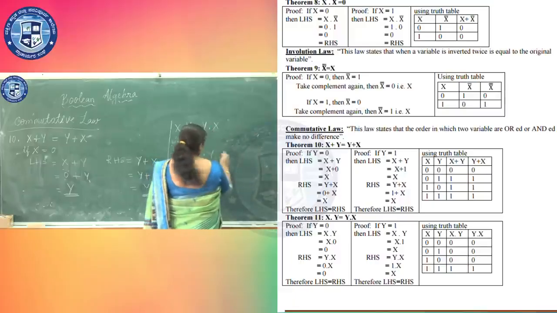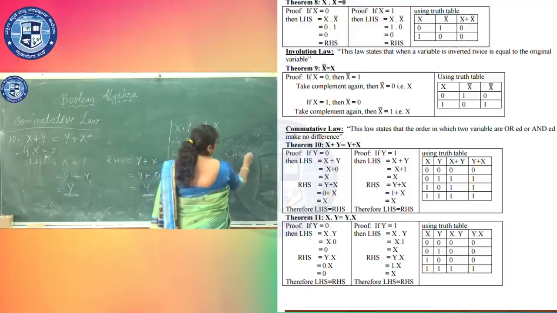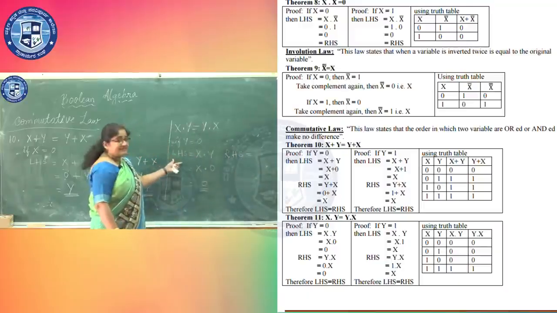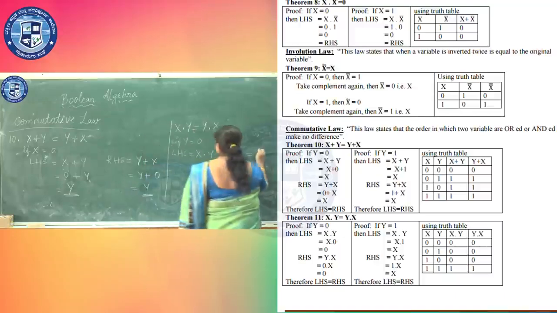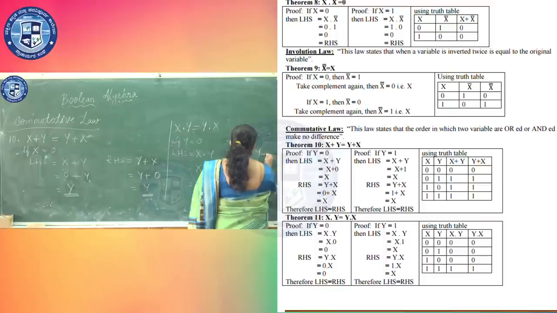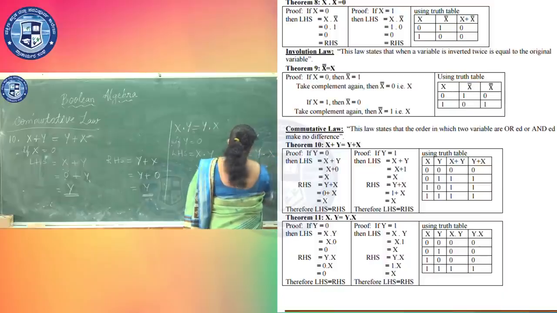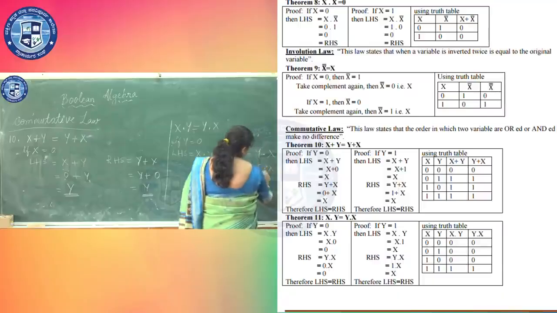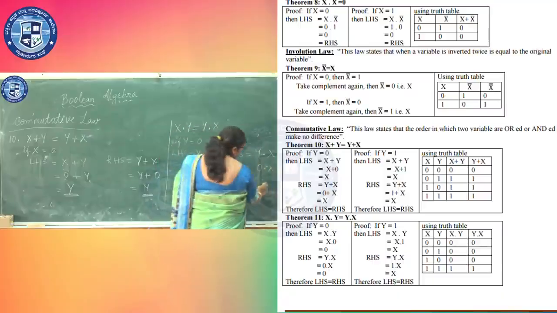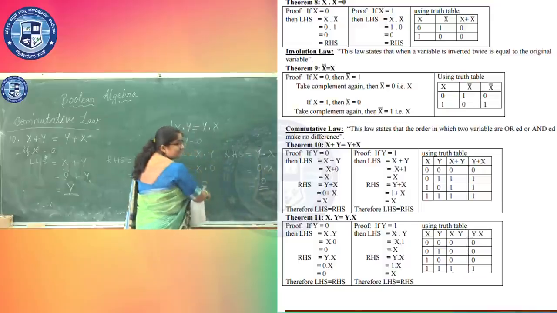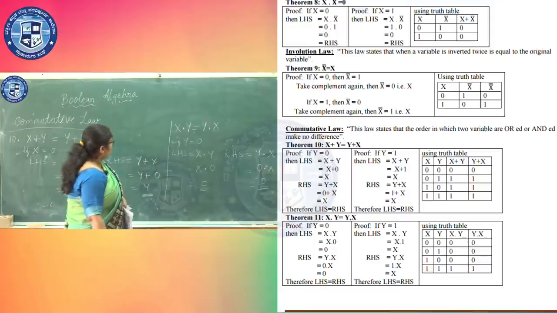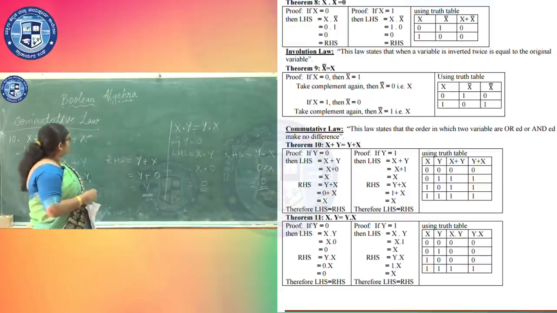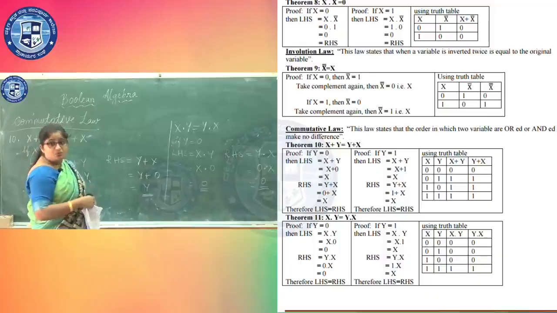Sorry, we should prove the RHS again. Once we prove the LHS, again we will have to prove the RHS. Then y into x, y value is 0, 0 into x is 0. So the LHS is equal to the RHS. So next we will have to prove if y equal to 1.